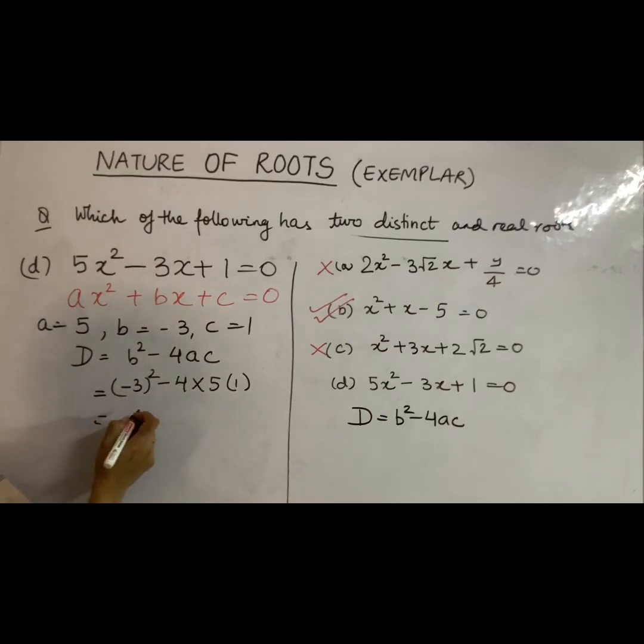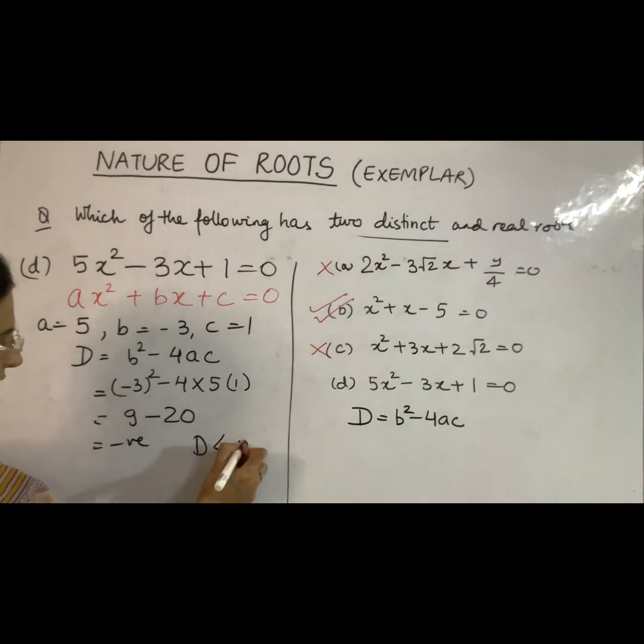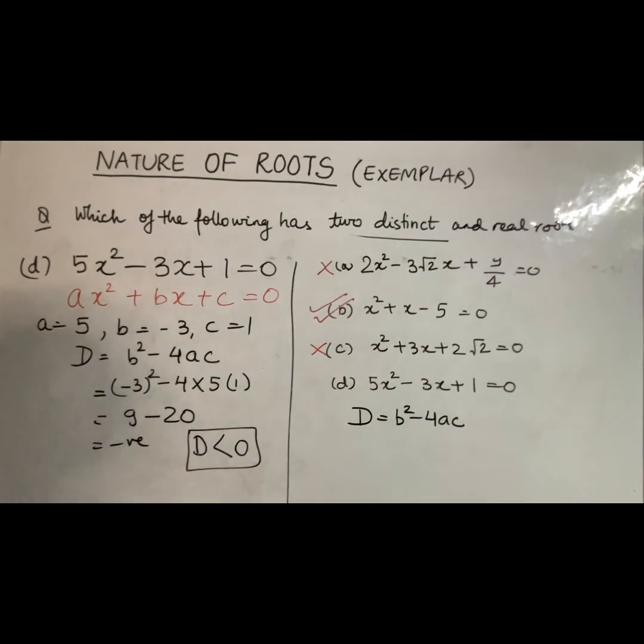So this becomes 9 minus 20. So this is negative, or D is less than 0. D is less than 0 means the roots are imaginary. The roots are not real. So the correct answer, which equation has two distinct and real roots, is part B.